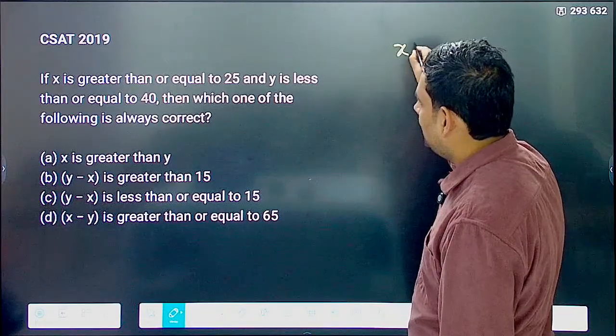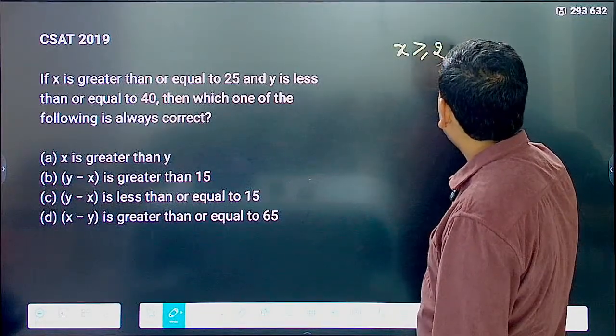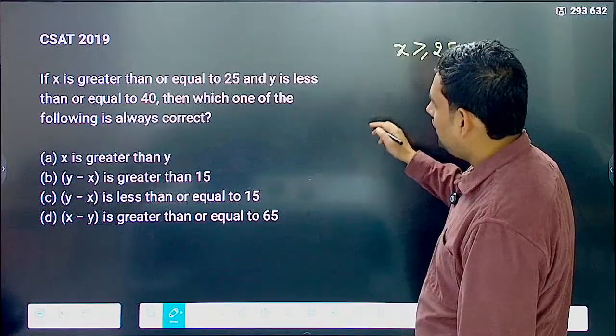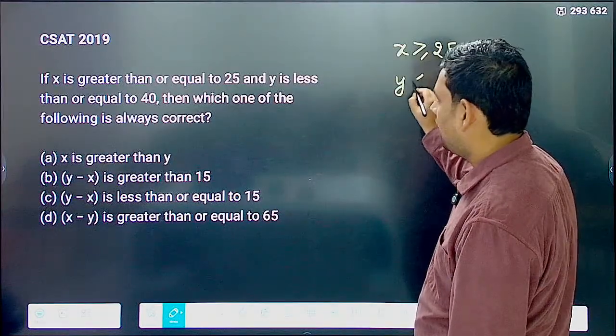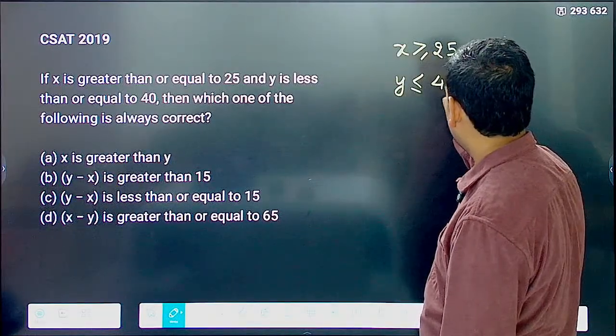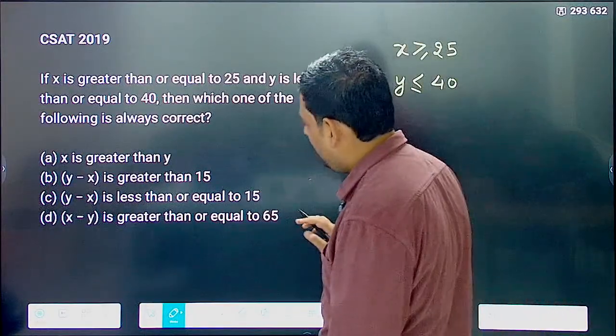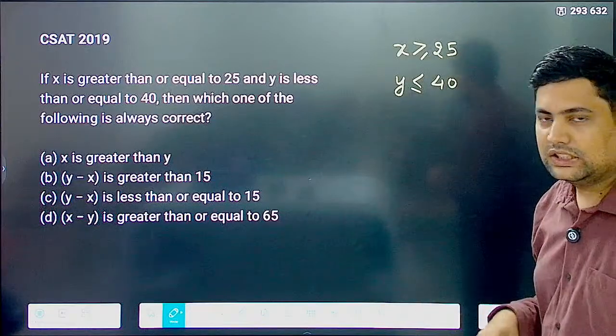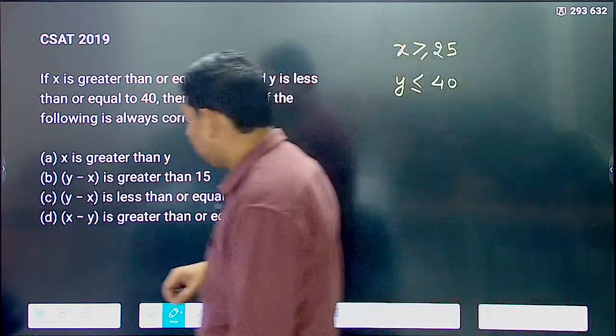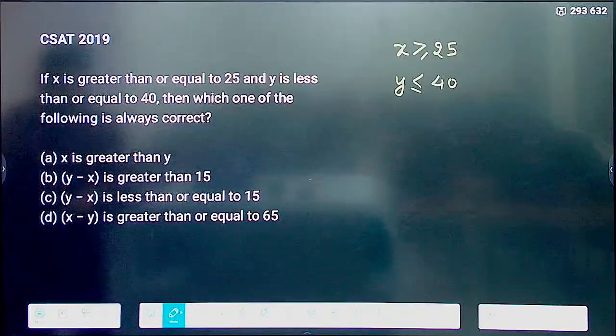x is greater than or equal to 25, and y is less than or equal to 40. Which of the following is correct? y minus x is this, y minus x is this, x minus y is this.